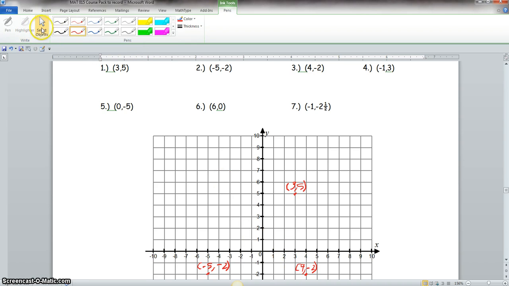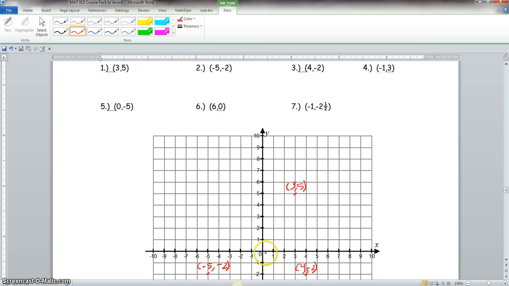Now, of course, this isn't coming out as pretty as I would like it, but you do get the point with this. So let's finish this up. This is supposed to be 4, comma, negative 2.